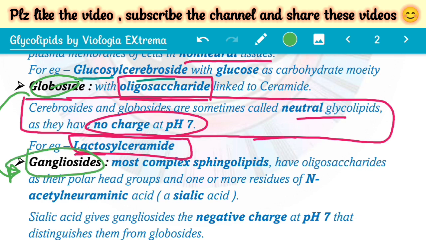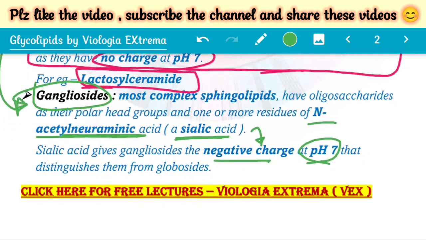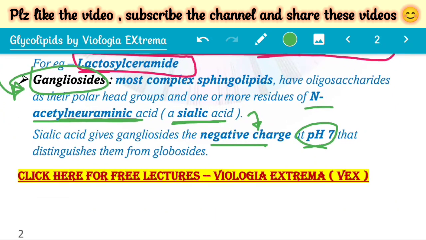What modification did we make? We added N-acetylneuraminic acid, a type of sialic acid. Due to the addition of this sialic acid, it acquires a negative charge at pH 7, so it is no longer a neutral lipid. So ganglioside is basically a modification of globoside, and it distinguishes it from the globoside.